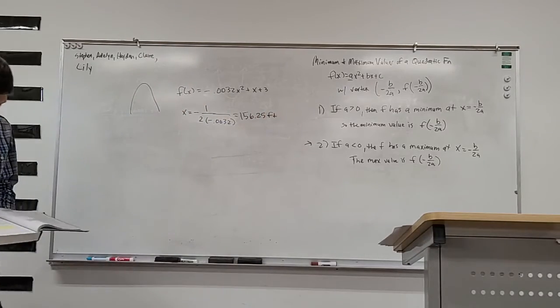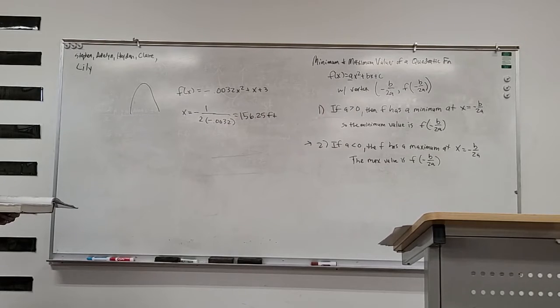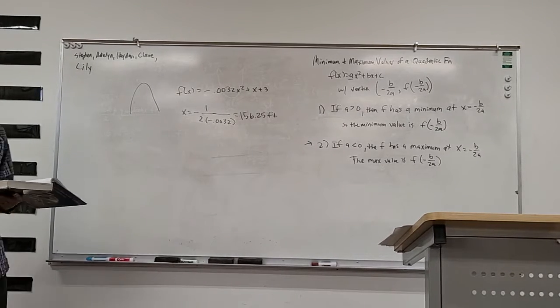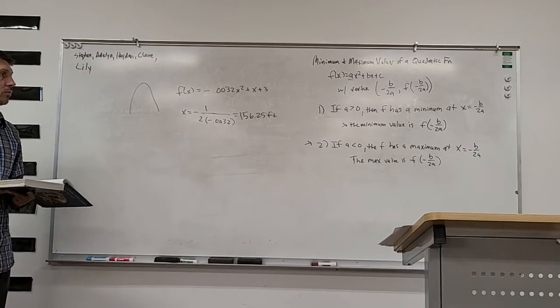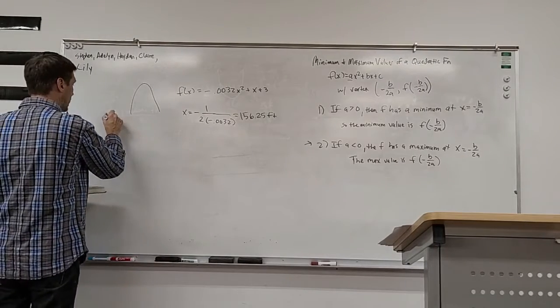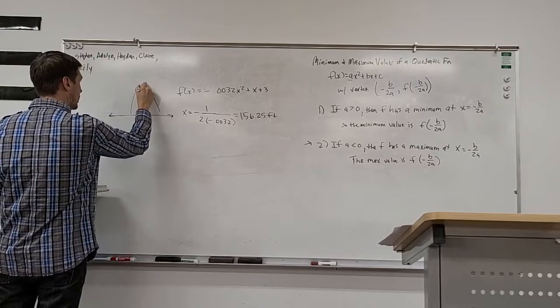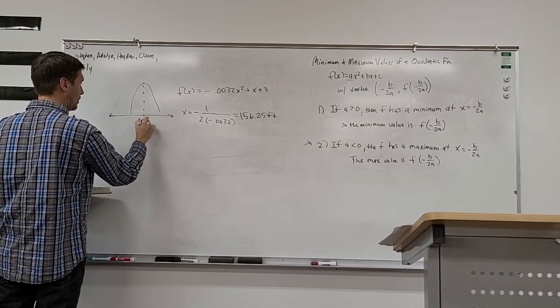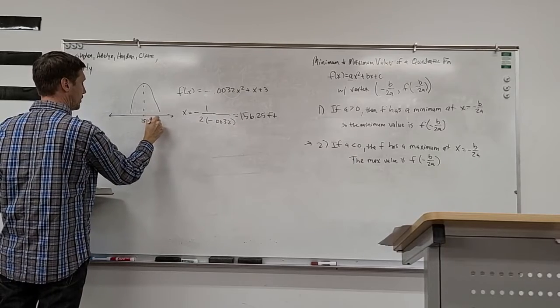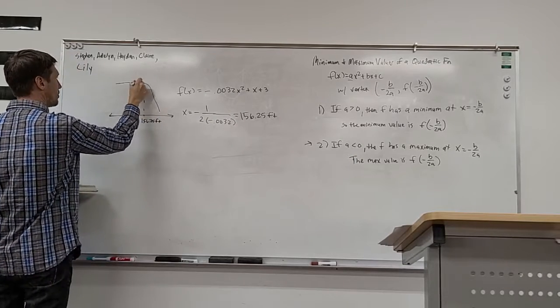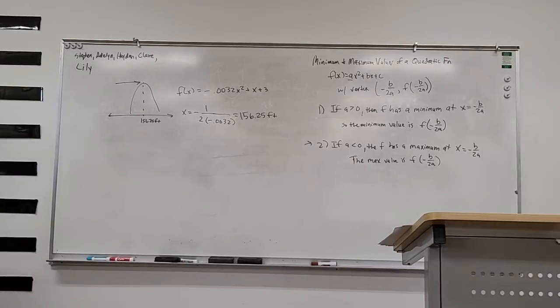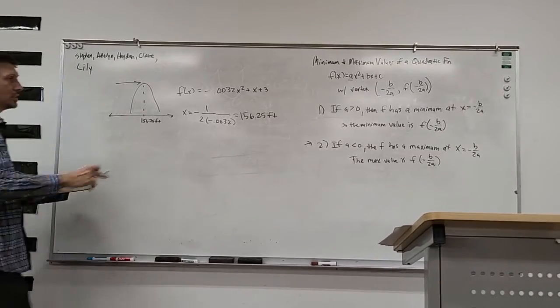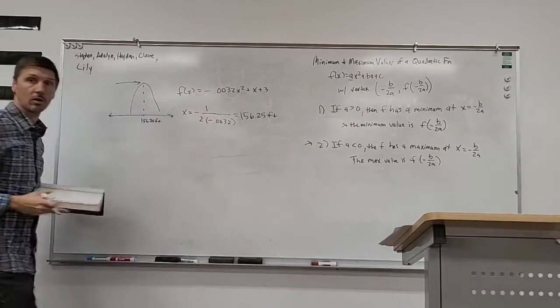Now we would expect it to have a positive value because we won't have any negative values in a real life scenario like this. So we know that if you think about this as a number line, there's a maximum at this point when, from wherever we originally hit the ball, we reach 156.25 feet. But what is our maximum point on the y-axis? The way we figure that out is we take this x value and plug it back into our equation.